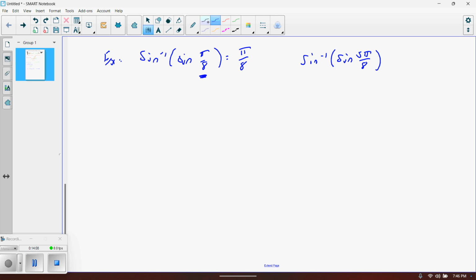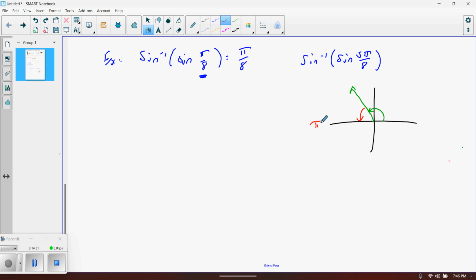x-axis. Let me sketch that real quick for you. So 4 pi over 8 is pi halves. So 5 pi over 8 is somewhere around here. Okay, that would be 5 pi over 8. But the reference angle is the closest to the x-axis. Well, if we're counting in eighths, pi, which is over here, would be 8 pi over 8.